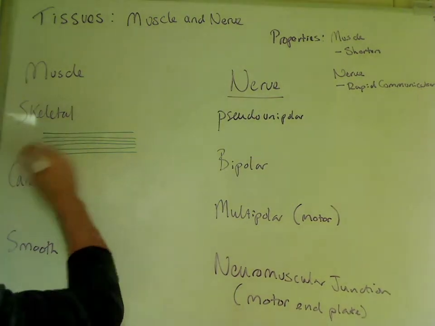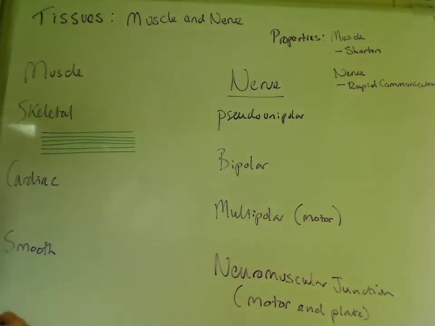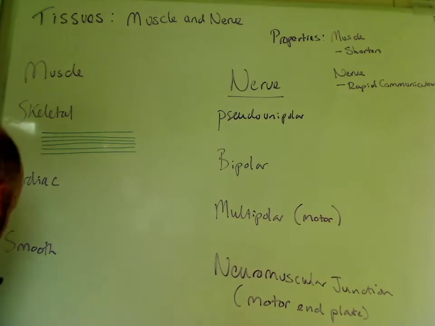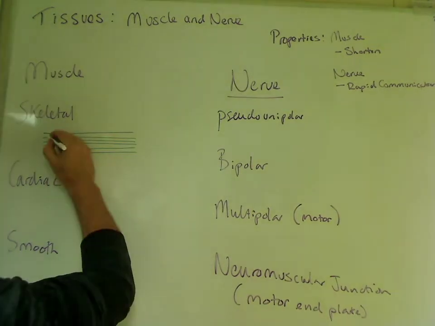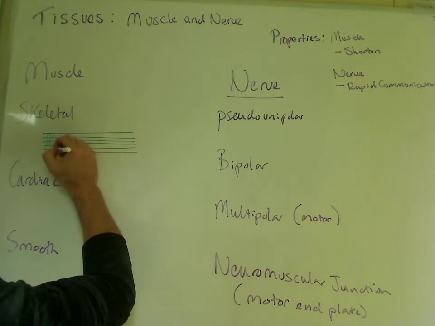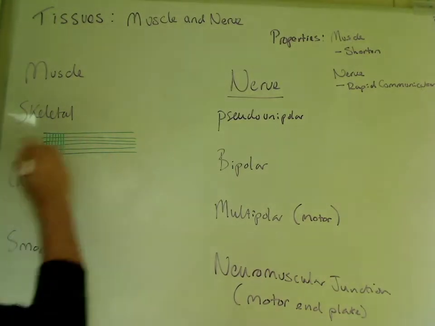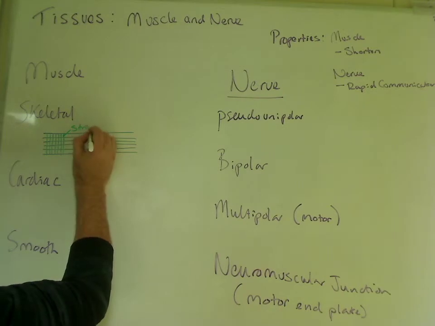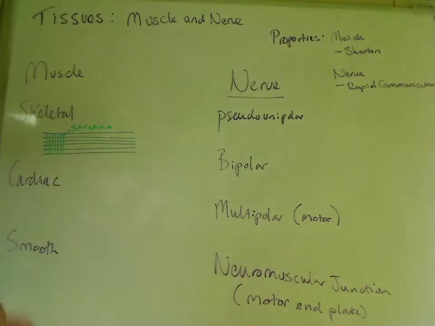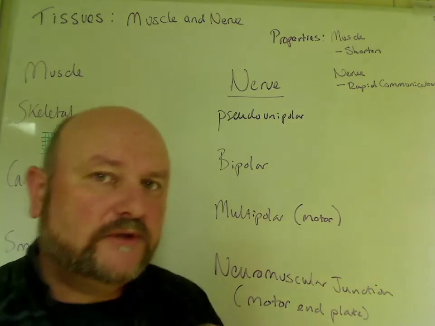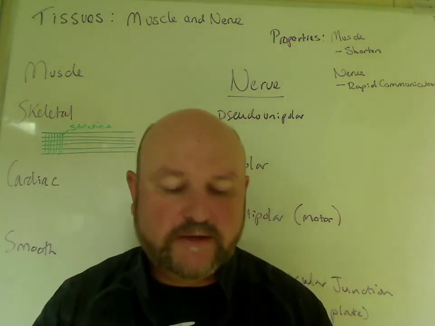Now, when we look at it, we sort of vaguely see, and I'll do this in a slightly different colour to try and give it some contrast, these kind of striations. Now the muscle cells all line up together.